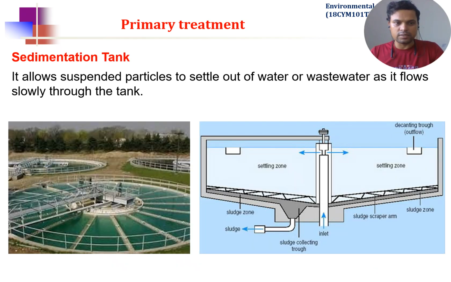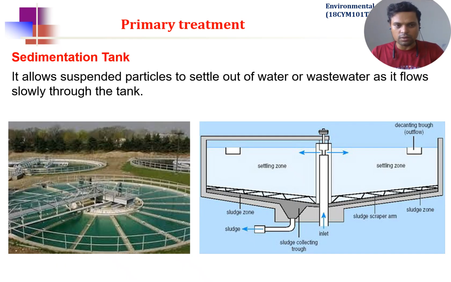So next is the sedimentation tank. Even though we remove the heavier materials like sand or stones, there are also some smaller particles which are always floating in the water. If you let them settle down in a big tank, which can be seen over there, then all these heavy materials will slowly settle at the bottom, and can be taken out as sludge from the bottom, and the clean water can be taken out from the top.